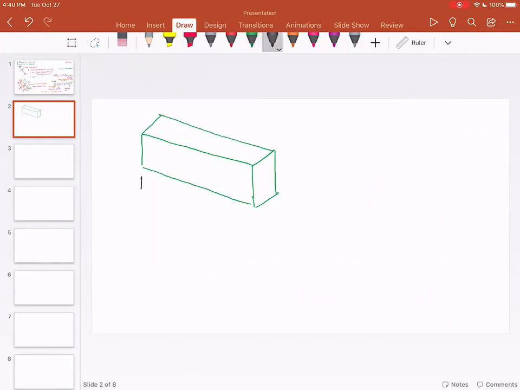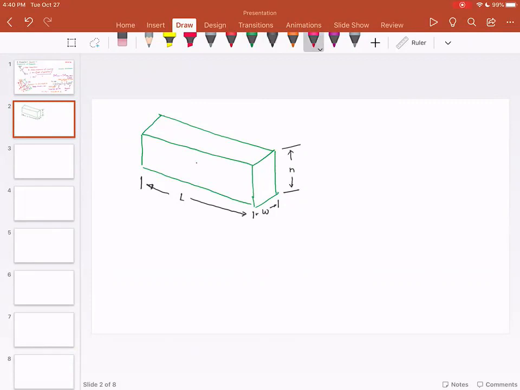I'm going to call this length L, and this dimension height H, and this dimension width W. First and foremost, let's identify the CG.